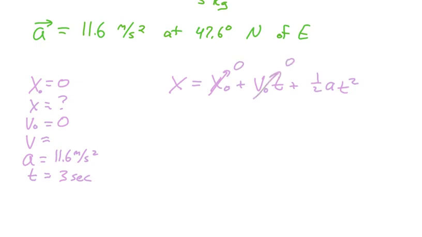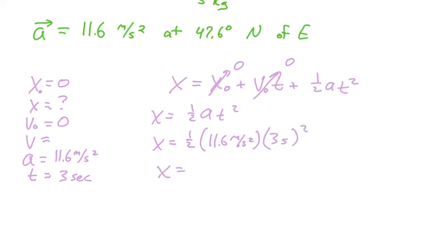So this is going to leave us with just x equals 1/2 at squared. So x is 1/2 times 11.6 meters per second squared times 3 seconds squared, which gives us 52.2 meters.